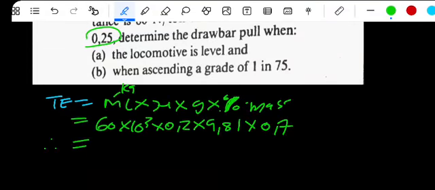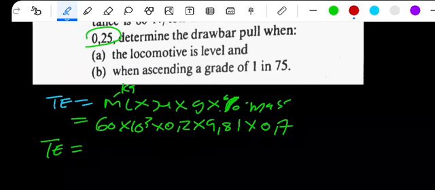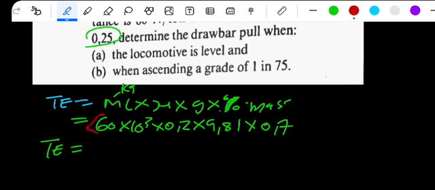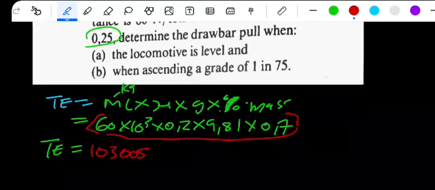Therefore TE will be equal to what? Punching this, we're supposed to get 103,005 Newton.